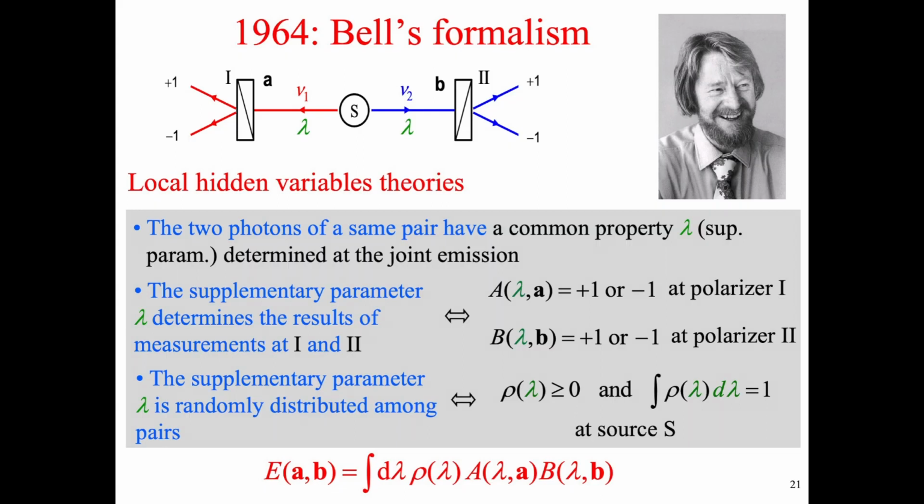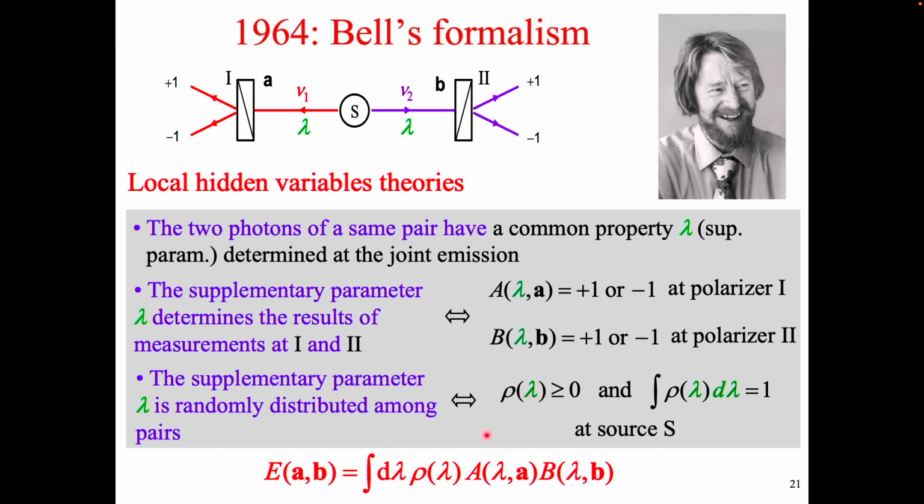He uses a formalism in which you have a dichotomic function capital A, which can take only the value +1 or -1, to describe the result of the measurement at the first polarizer. Capital B describes the result of the measurement at the second polarizer, and of course you must have a probability distribution for the supplementary parameters lambda.